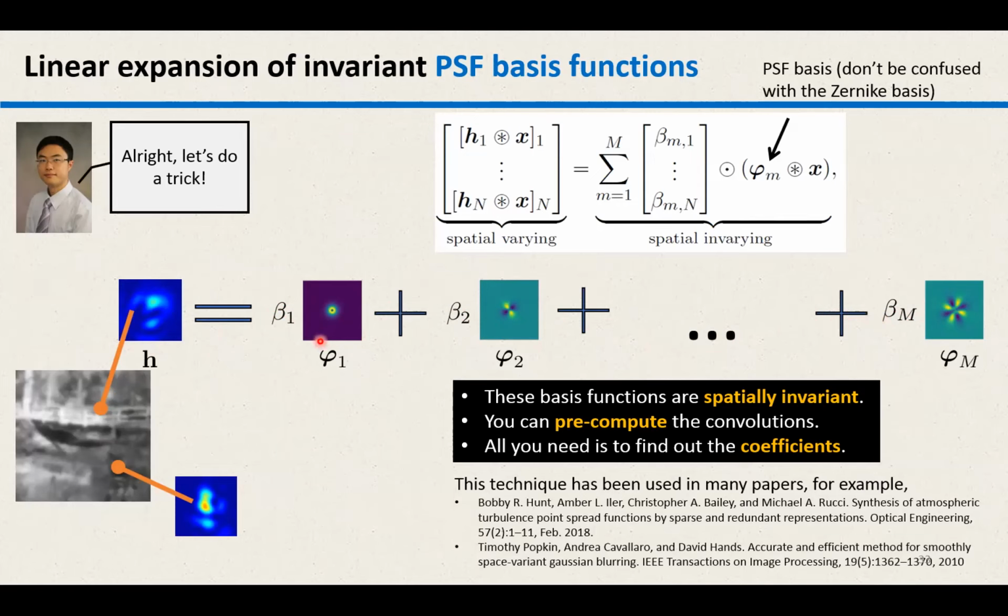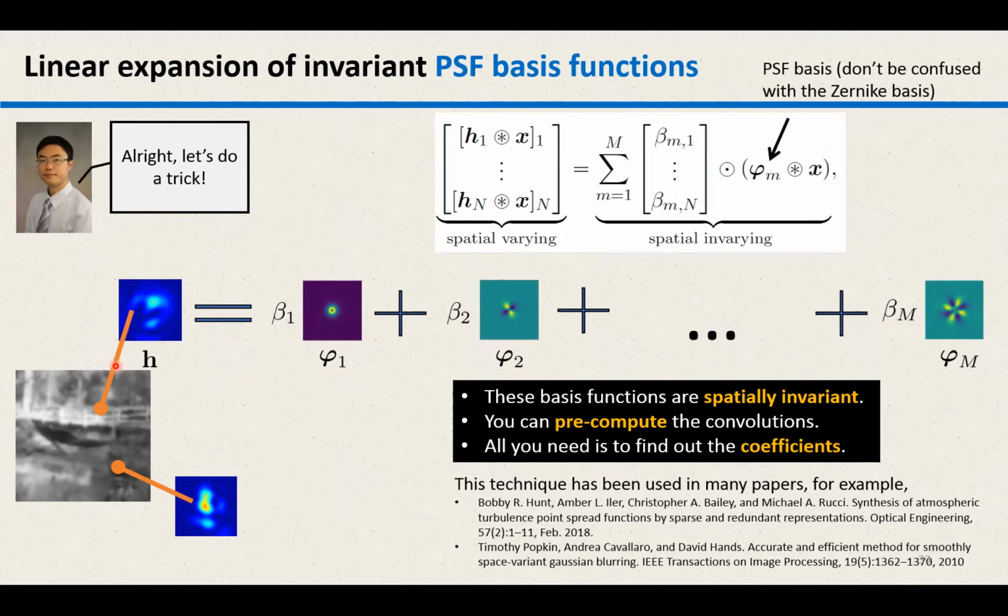However, the basis functions are the same. When you go to another pixel location, the betas will become different, but the basis functions will remain the same. What it means is that you take this clean image and just pre-filter the image with all these bases, and then at every pixel location, just calculate all these betas.